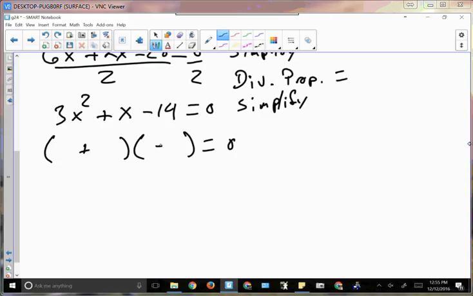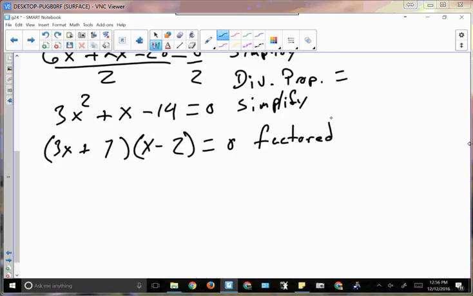So, what I end up doing, get 3x here and x would go over here. I need that x to be positive, so that turns out to be 7 here and 2 there, if I'm not mistaken. Okay. So, how did I do that? Well, that was just simply a factor. There's a whole process with that.